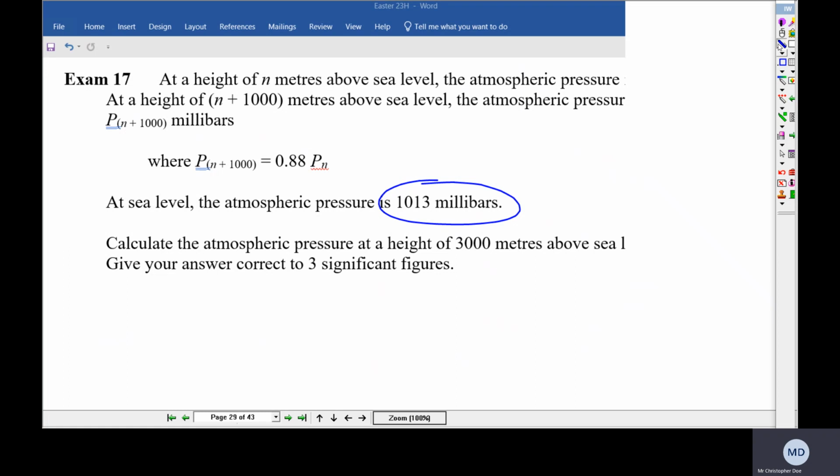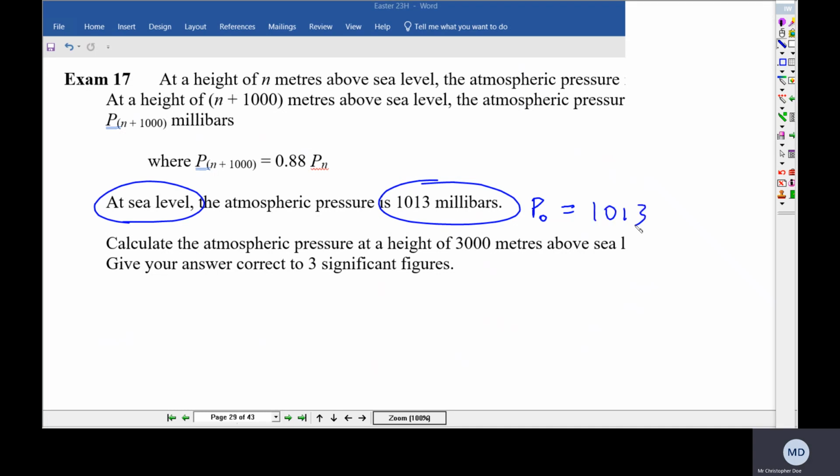Right, so you're told this is your starting one. This is basically P0, atmospheric pressure at sea level. Maybe you didn't realise at sea level it's going to be height 0, so P0 is 1013.